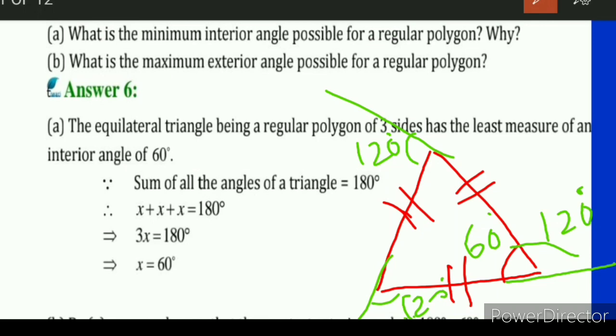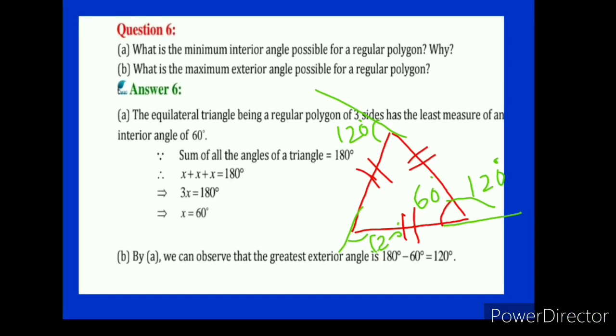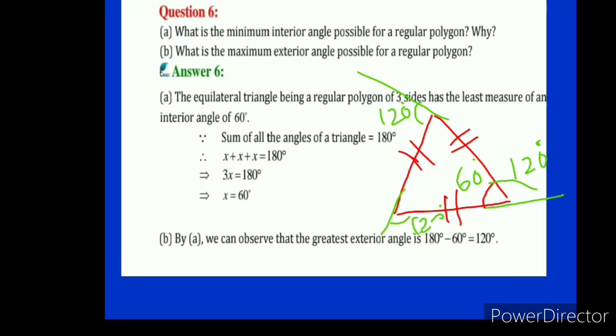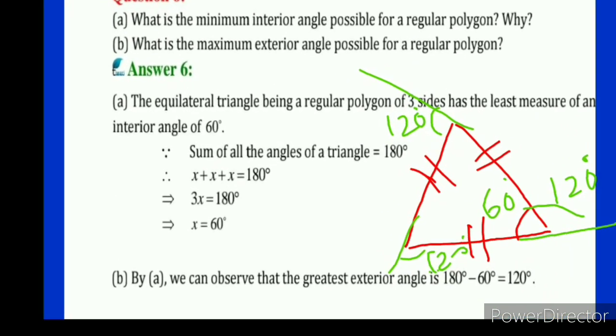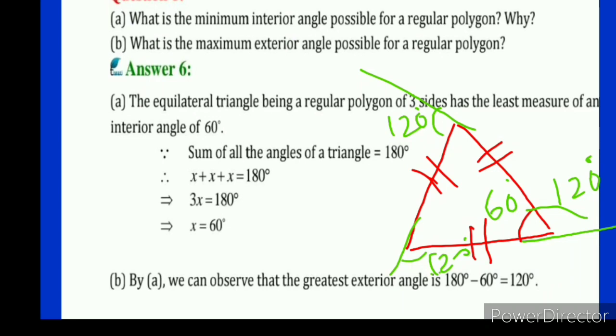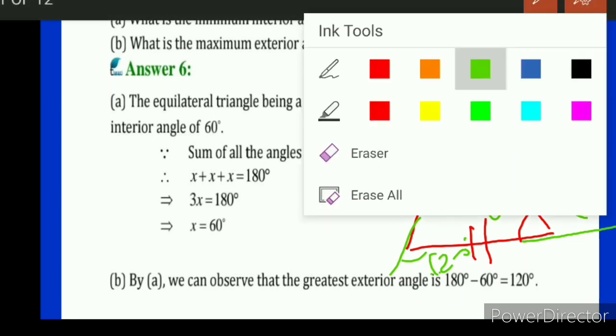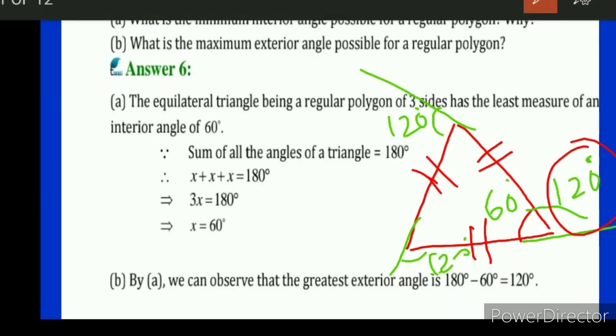Okay. Now, big question. What is the maximum exterior angle possible for a regular polygon? The maximum exterior angle is 120 degrees only. I will explain with this example. See here, 60 degrees is the interior angle.